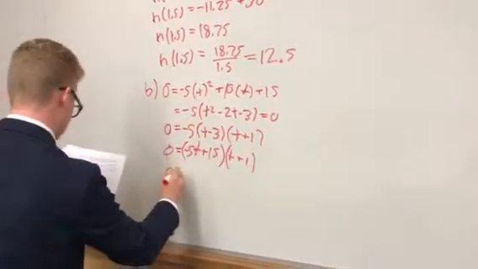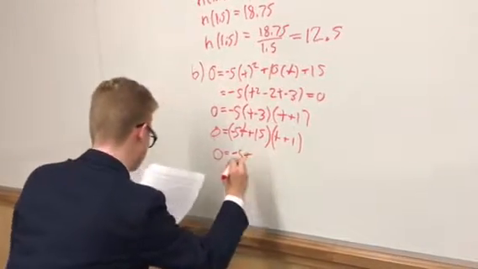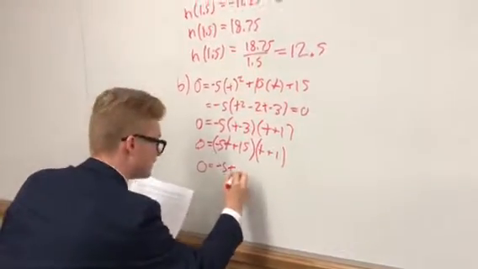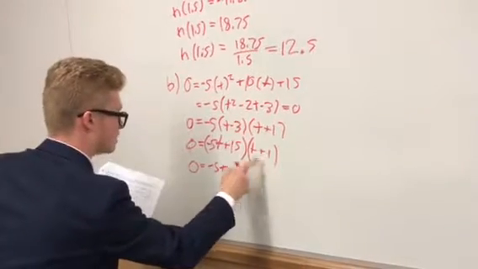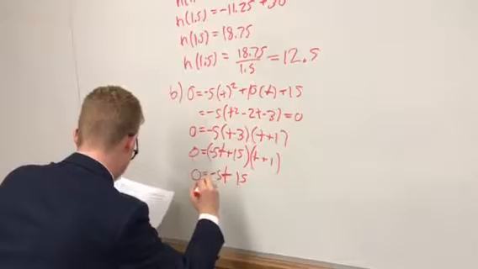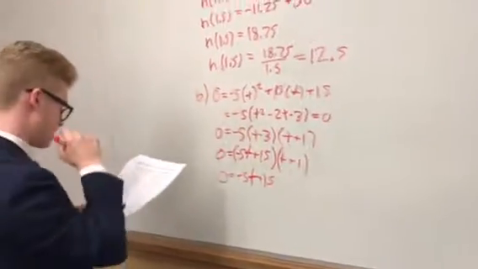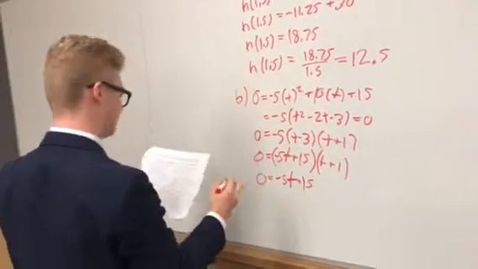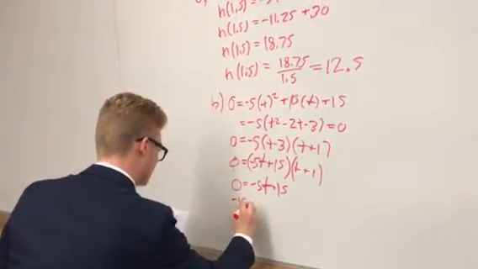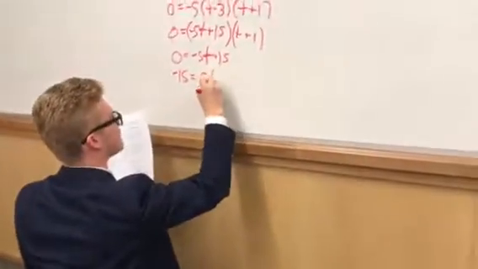So you're going to do 0 equals negative 5t plus 15, because that's what you'll get ultimately at the end when you get the 15 at the end. And then after you do that, you're going to want to bring the negative 15 outside, so it'll be negative 15 equals negative 5t, because that's what we have left over.